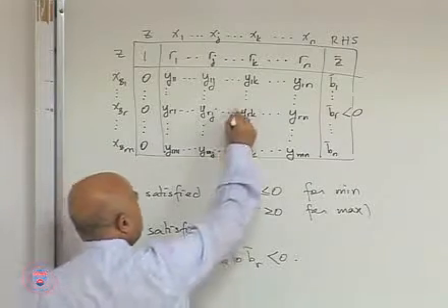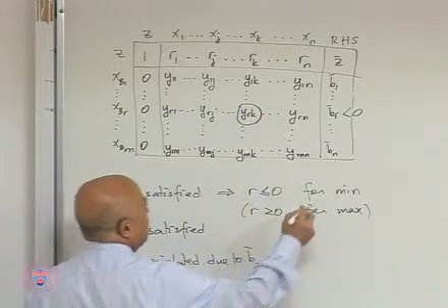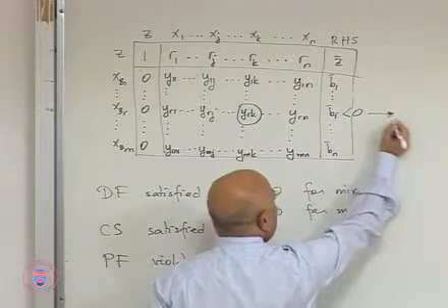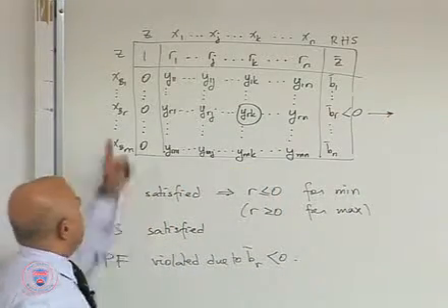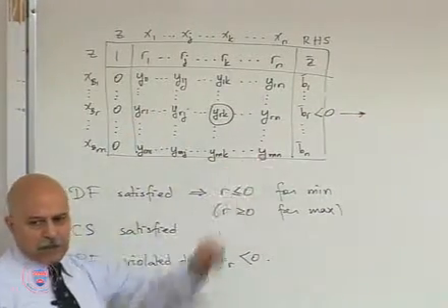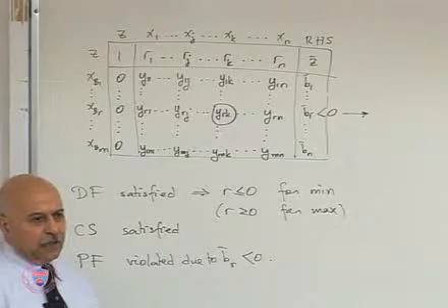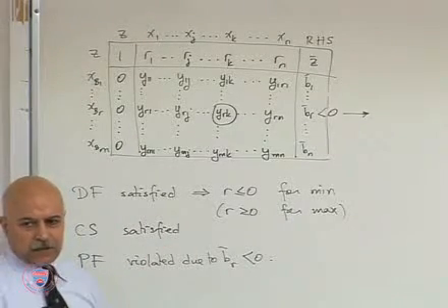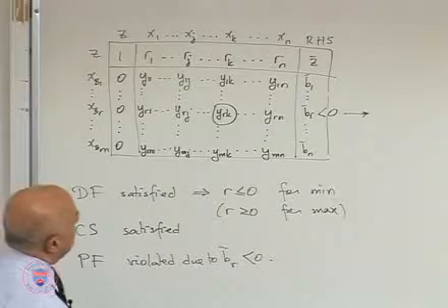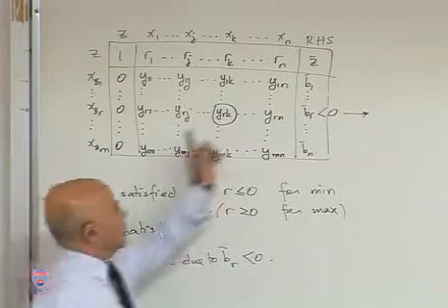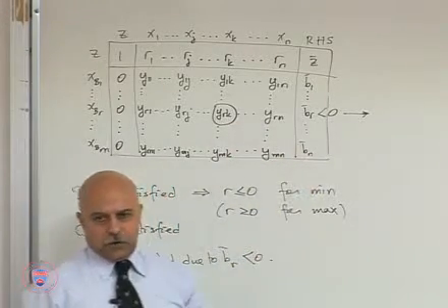What you're going to do is make that particular variable leave the basis because it's negative now. You want to actually make it 0 so it becomes non-basic. So you decide on the leaving variable first.